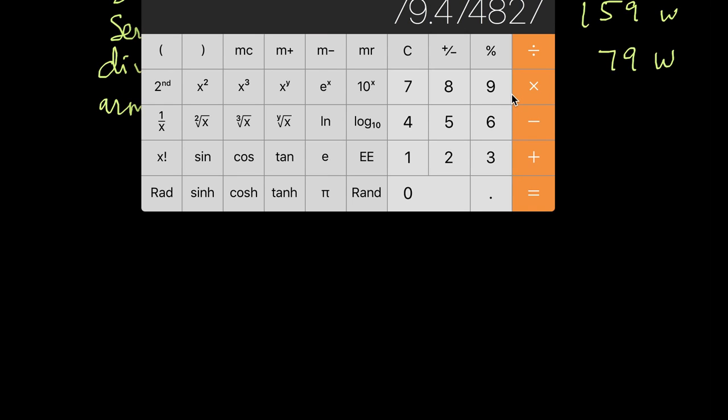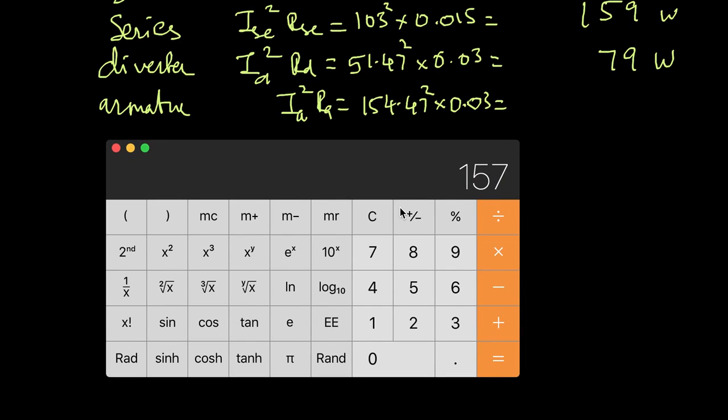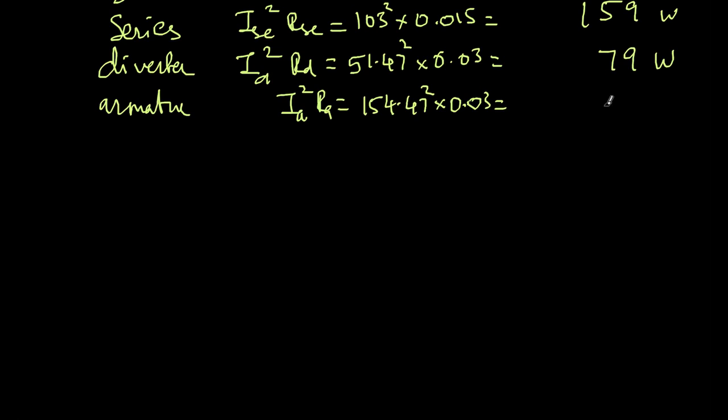So it is 715.8, or I'll round it off to 716 watts.